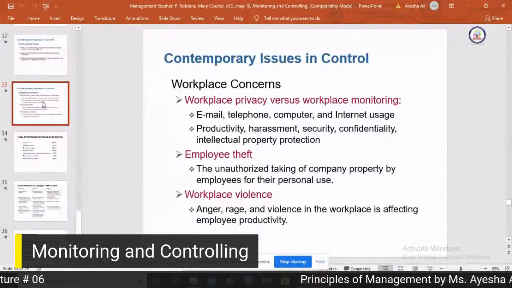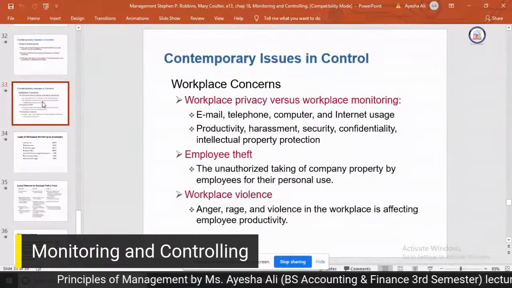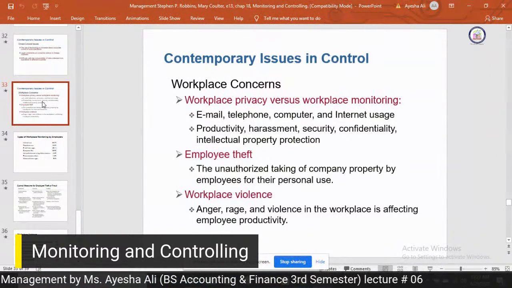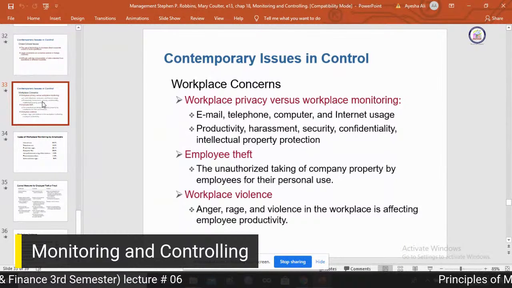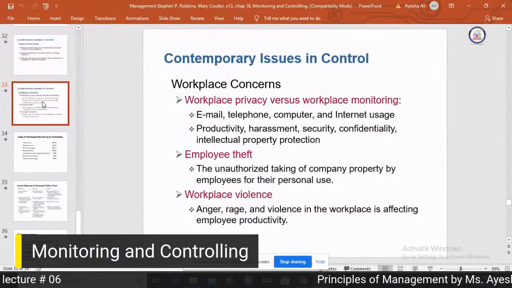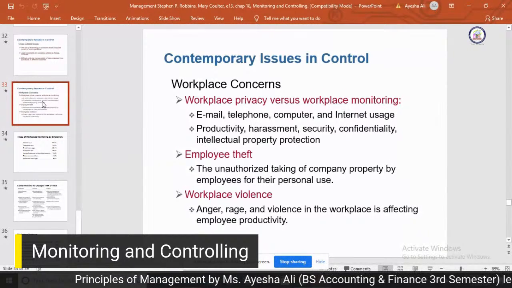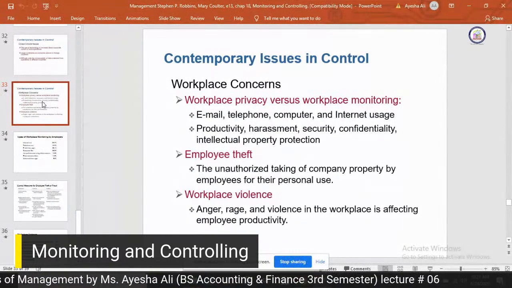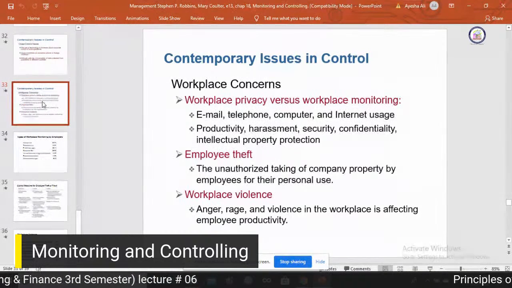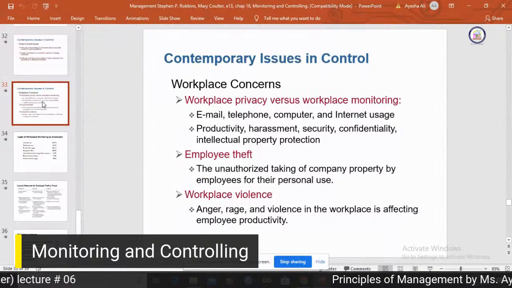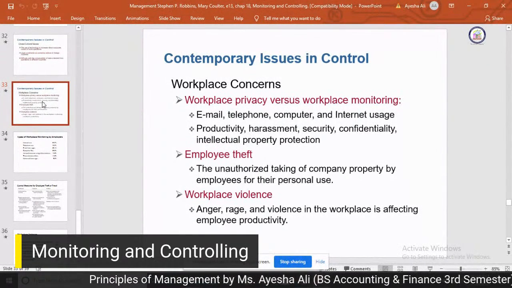They steal some products. They are doing some frauds. So there are many reasons for it. Sometimes employees think it's their right to get these things, or sometimes they are in financial problems. So there are many reasons, but these are the issues which are faced by the organization.